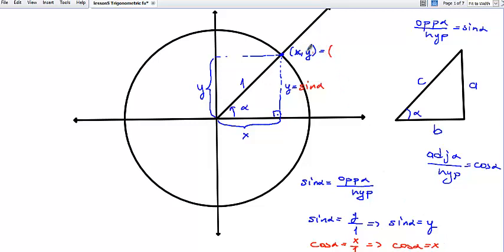So when I write the coordinate of the point, I can write it like this: if x is equal to cosine alpha on the unit circle, this is going to be cosine alpha, and this is going to be sine alpha.